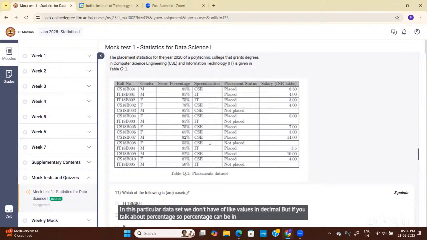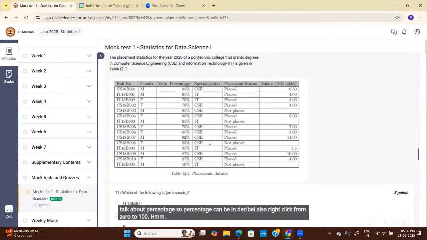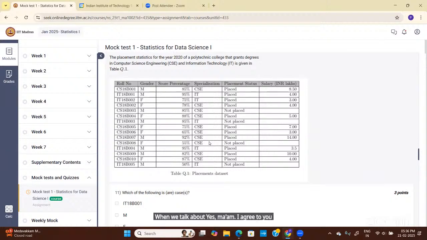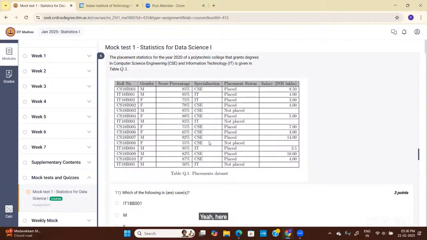I agree that in other terms percentage can be in decimal, but if we consider only our data set, we are not given any decimal value. So if we answer based on our data set only, doesn't it seem that it will be a discrete value, not continuous?